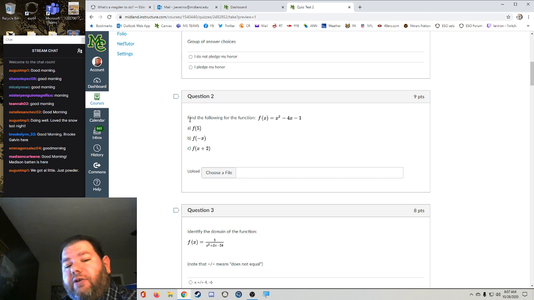The main issues I saw were on B and C, of course. For B, the big thing was if we plug in negative x and we square it, like we plug into this x squared right here, negative x squared is the same thing as positive x squared. Because we know squaring a negative does turn into a positive, but a number of people left off the square on the x, and that led to a little bit different answer.